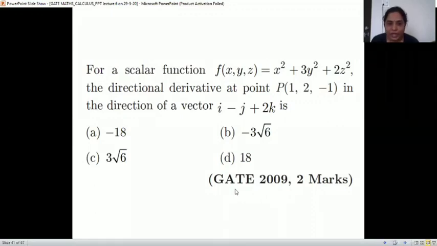If phi is a scalar function, then the directional derivative of phi in the direction of vector a bar is del phi dot a cap.